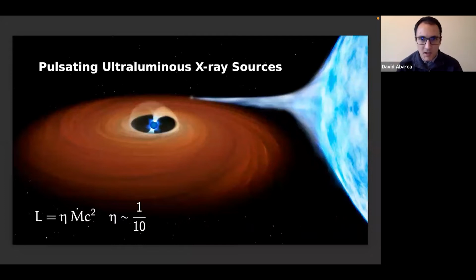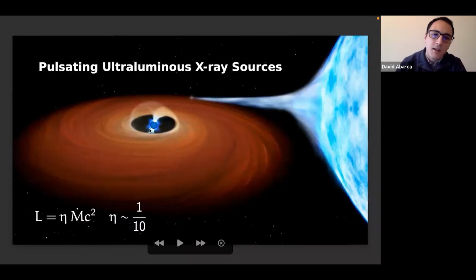Pulsating ultraluminous X-ray sources. To talk about these, first we have to talk about accretion disks. For anyone who does not know, an accretion disk is when you have a compact object which is absorbing matter. Maybe it's in a binary system and mass is flowing near the star, and it forms a disk and eventually falls onto the central object.